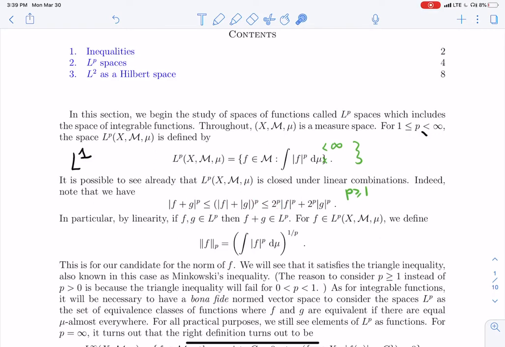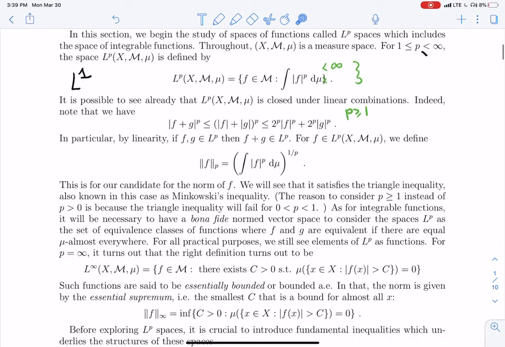It's the average between f and g, 1/2, 1/2, at the pth power. This is smaller than putting the pth power inside. And this is what you get. All right, that's for p bigger or equal to 1. This inequality doesn't work if p is smaller than 1. So you don't have a vector space if p is smaller than 1. This is the reason why we restrict to these p's.